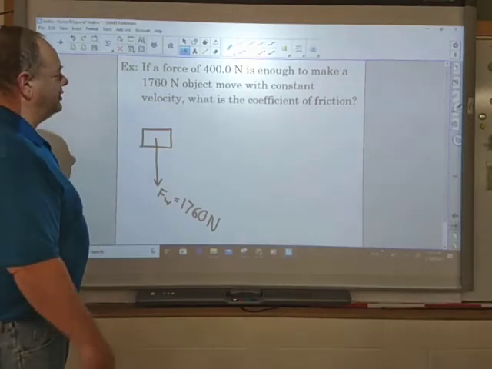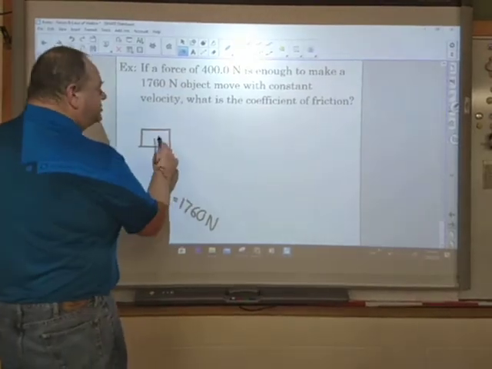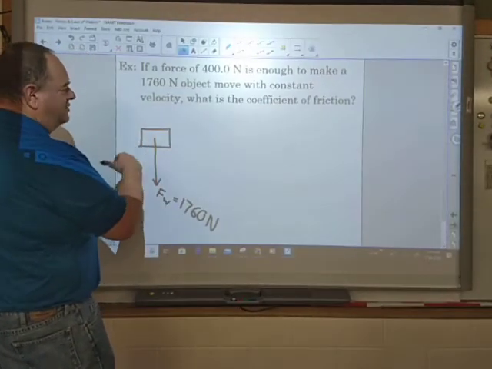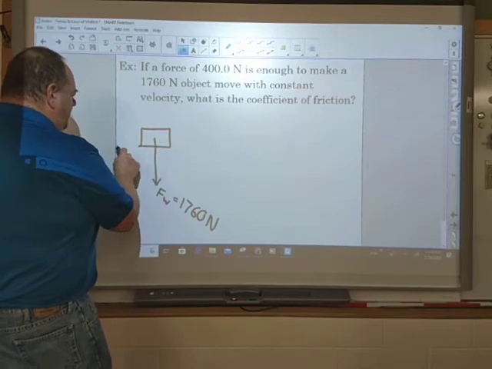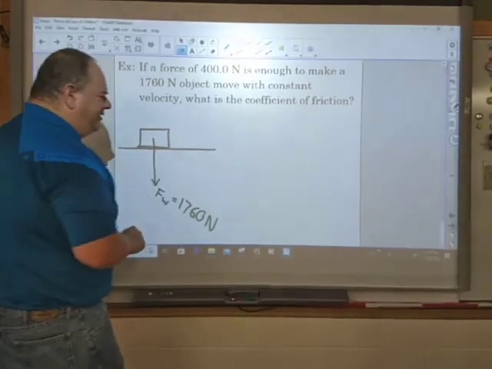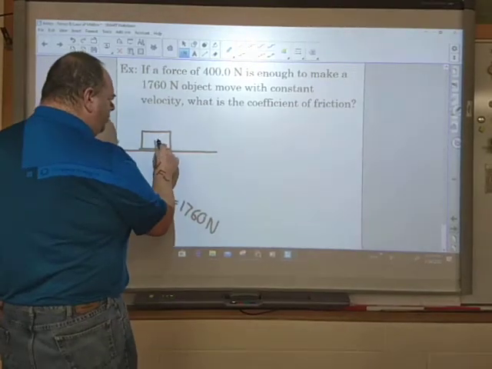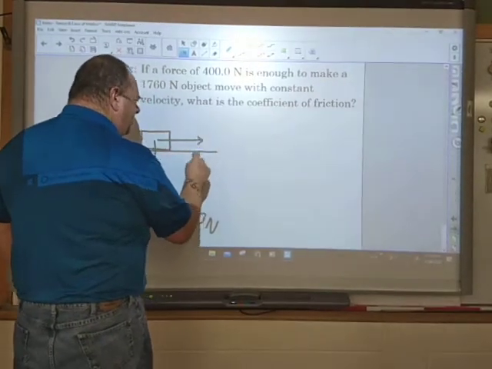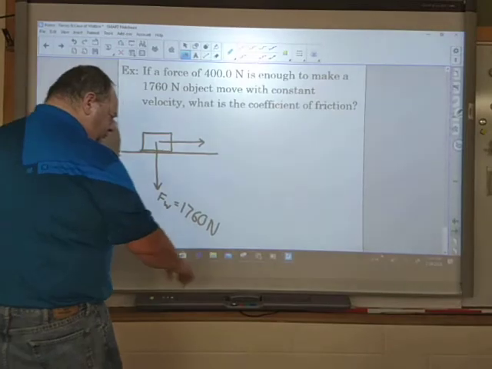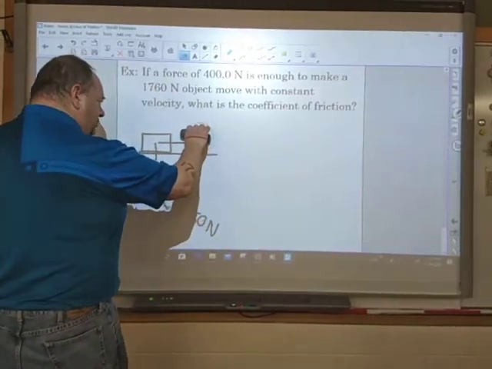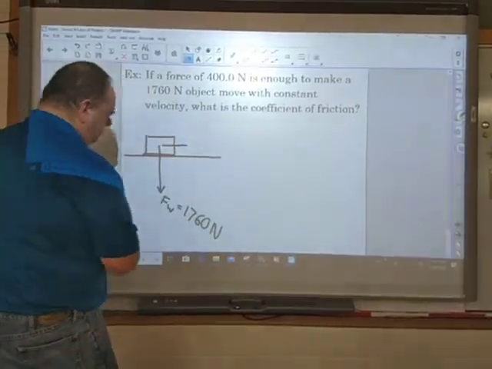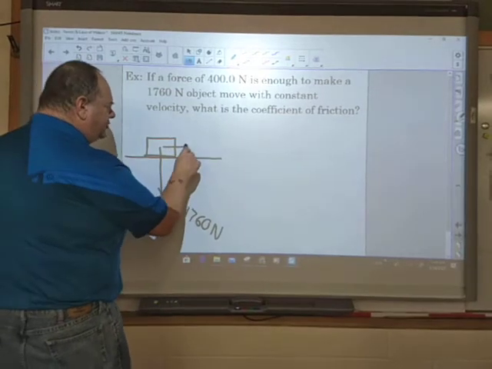We're applying a force of 400 newtons to move with constant velocity. So which direction are we moving? I didn't list everything in this problem, but I kind of think we're talking about moving it across a floor or something. So I know that my force this way, I really should draw that a little smaller because it's smaller than this force.